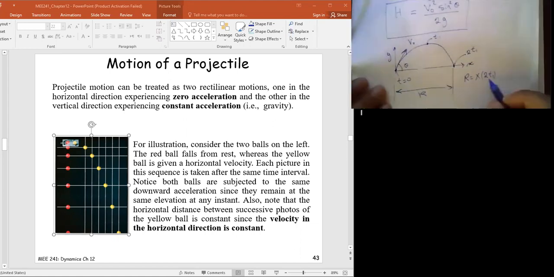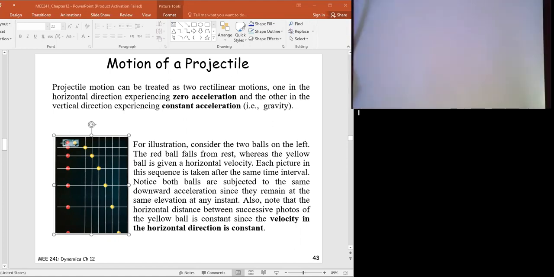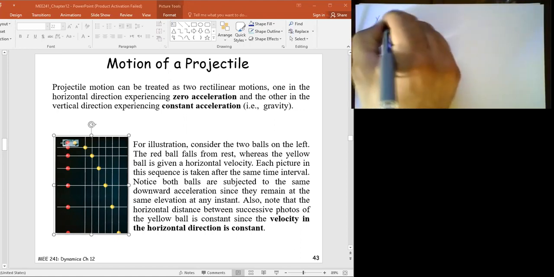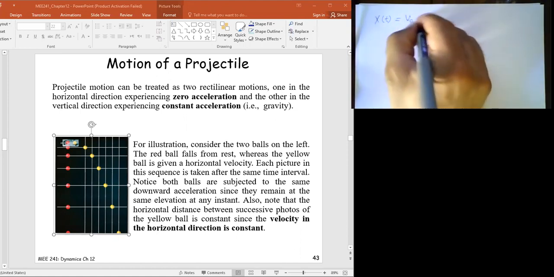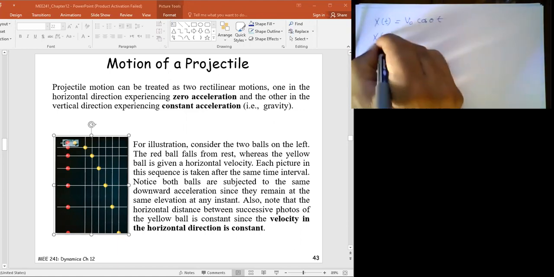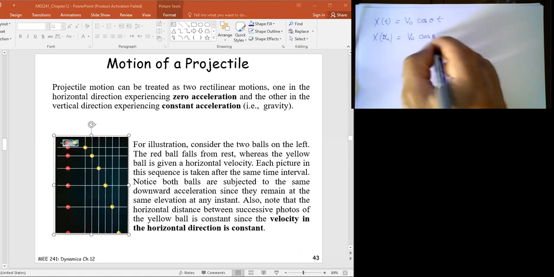Okay, what is x at time 2t1? What was x of t? Yeah, but what was x of t was equal to v0 cosine theta t, right? So x at 2t1 is going to be equal to v0 cosine theta.